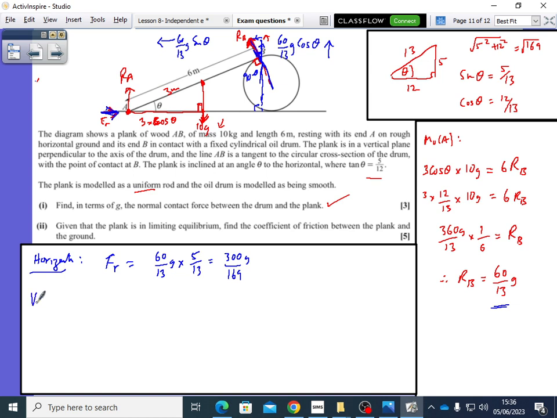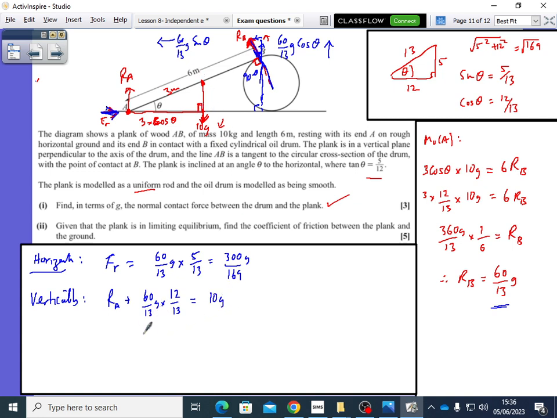Now vertically, you've got that going down, and this force is going up. So I've got RA plus, what else is going up? This is going up, so I've got 60 over 13 g times cos theta. Now cos theta is 12 over 13, and that's going to balance with that coming down, which is 10g.